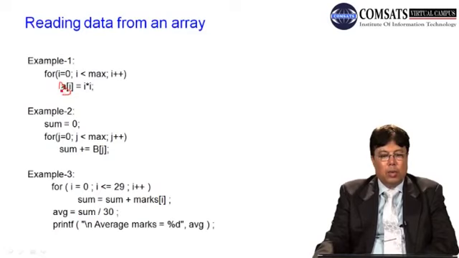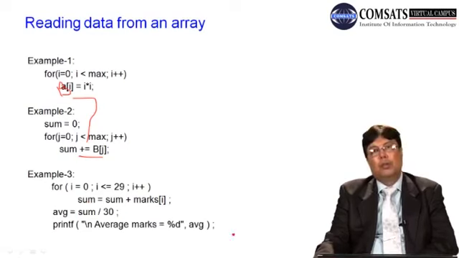Okay, if I use this b here, this is b, so I could have just used next. Sum is 0, next is this max, and then I just calculate the sum. Example 3, वो जो हमने 30 स्टूडेंट्स के मार्क्स में डेटा रीड किया था उस तमाम डेटा का हमने पहले सम निकाल दिया और फिर उस सम को हमने डिवाइड किया 30 पे, and we have computed the average of the class of 30 students.